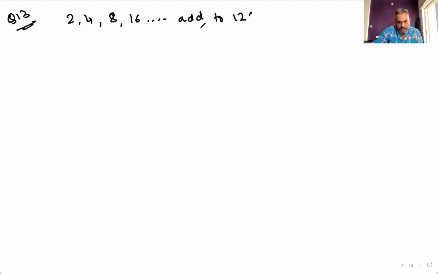Question number 30. How many terms of progression 2, 4, 8, 16 would add to 126? Add, it means A is equal to 2, R is equal to 4 by 2, which is equal to 2, and Sn, sum of terms, is 126.